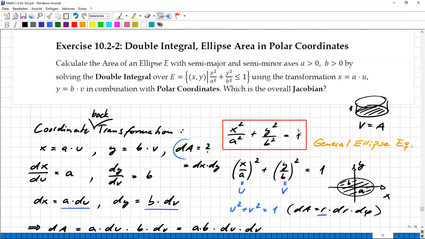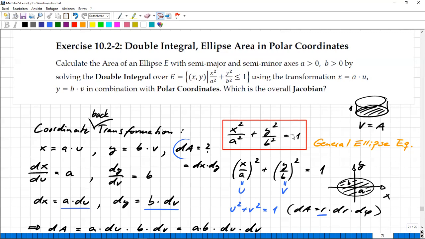And now you may easily imagine that by dividing the x coordinate squared by a certain positive constant, a squared, and then also adding the squared version of y, also scaled, which means stretched or squashed, using another positive factor, here called b squared, this is an explanation for the unit circle transformed to an ellipse.